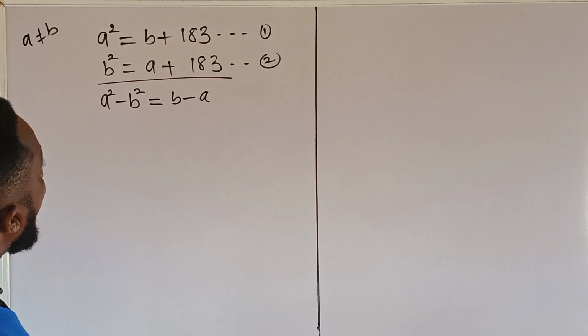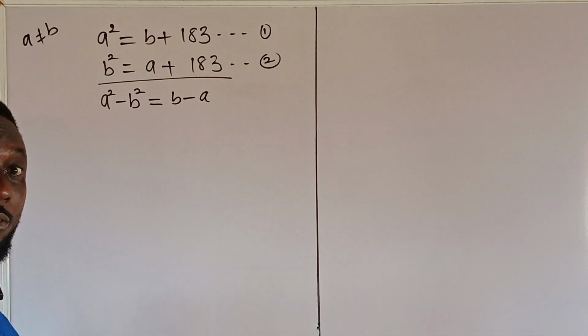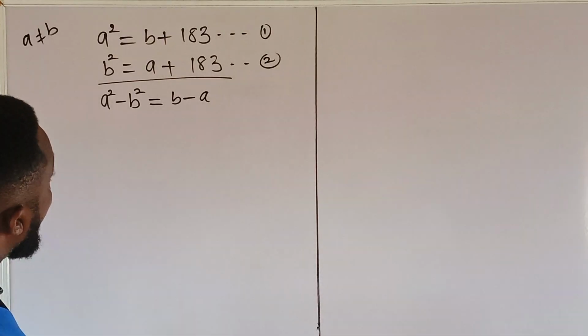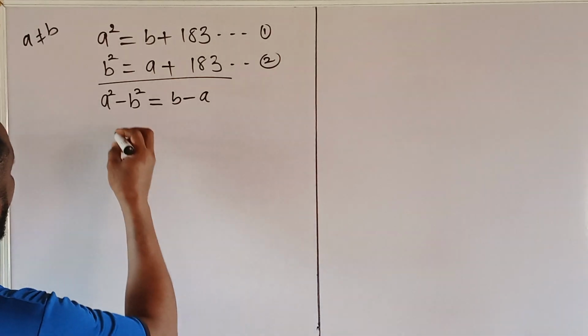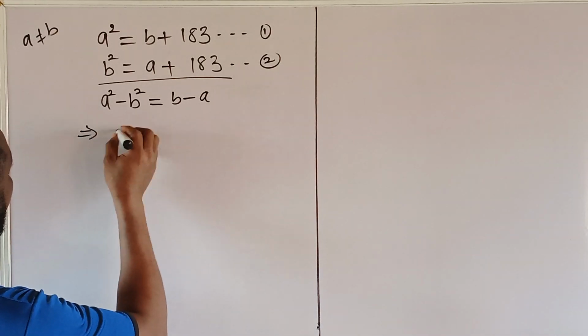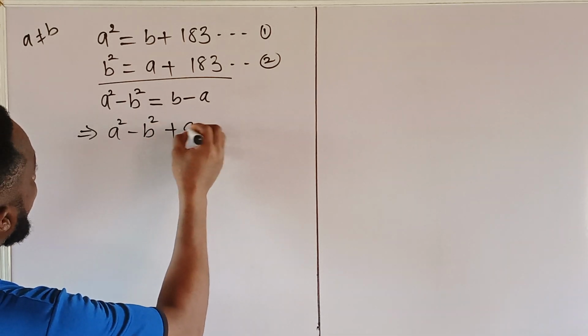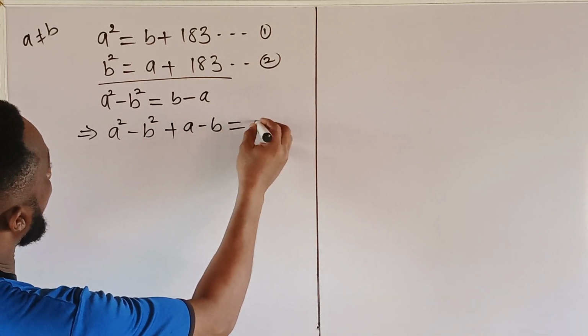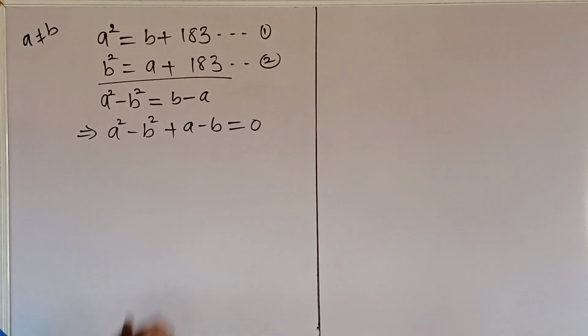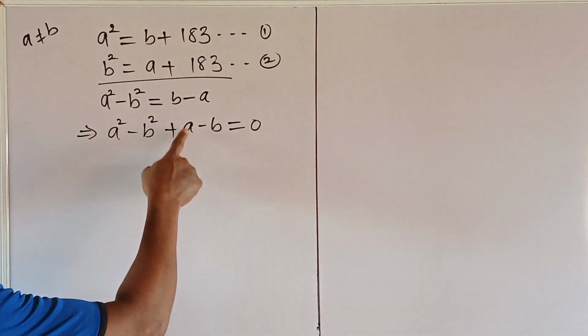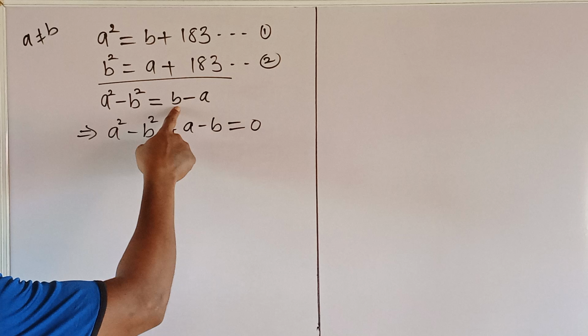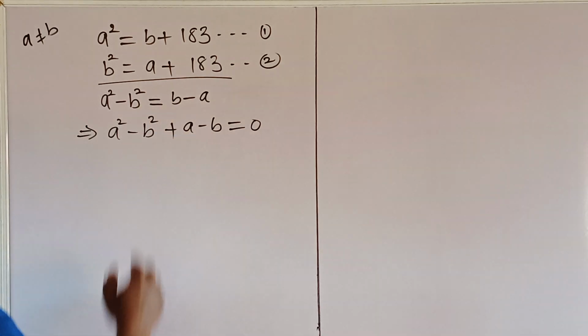The next thing, I'll take everything to the left equal to 0. So I'm then going to have A squared minus B squared plus A minus B equal to 0, because negative A crosses the equality sign and becomes positive, and B crosses the equality sign as well and becomes negative.